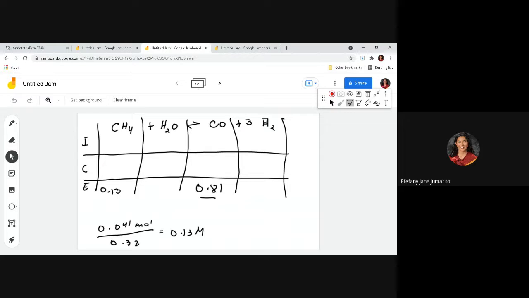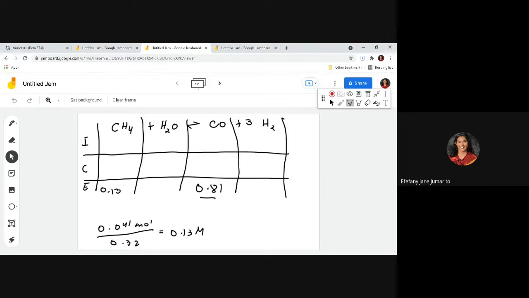H2, the value is 0.28. Let's go back to the initial concentration of CH4. But it is still the initial concentration we need.